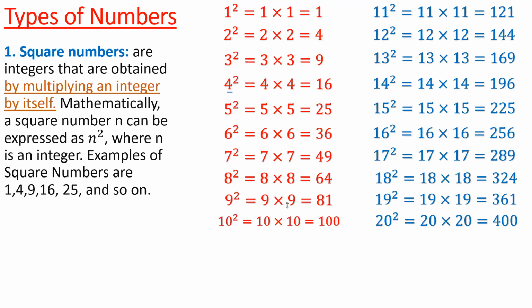Kevin, what is 14 squared? 196. 196. And Casey, what is 18 squared? 324. 324.